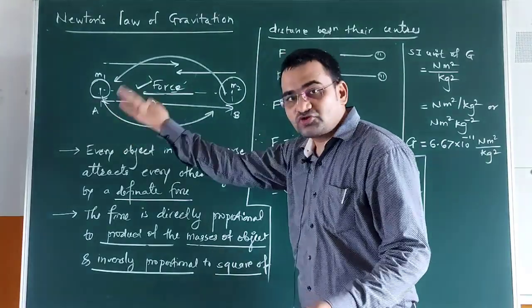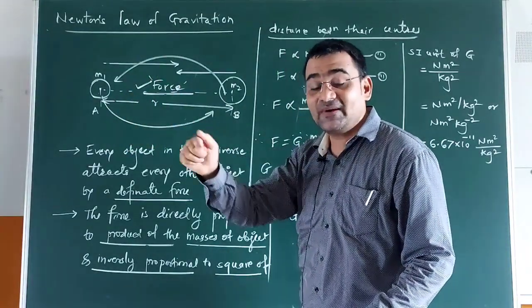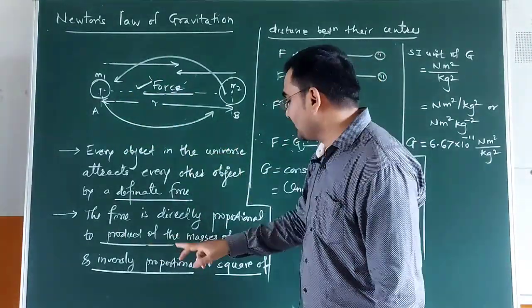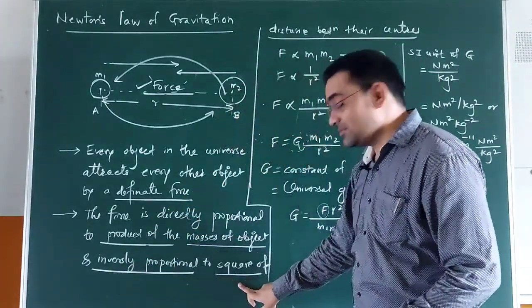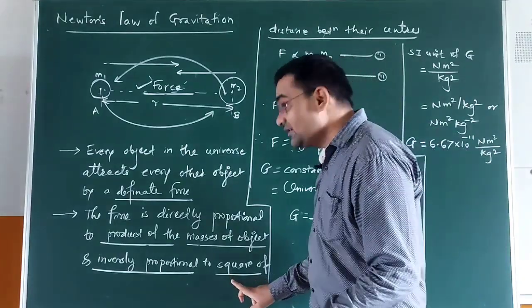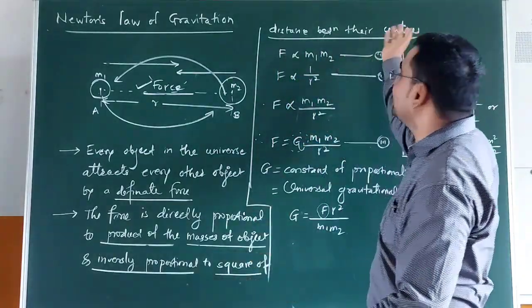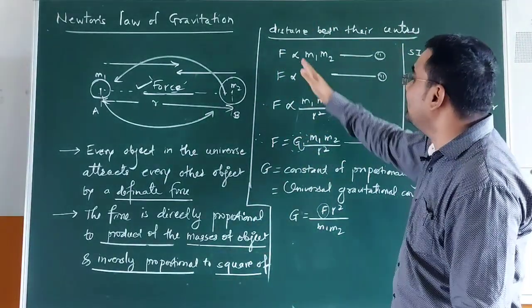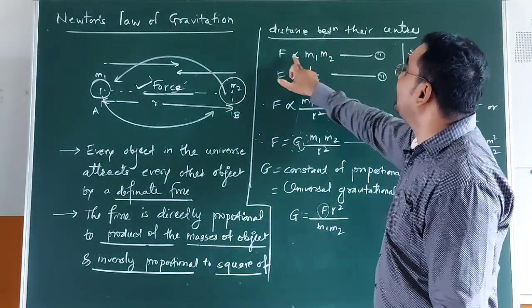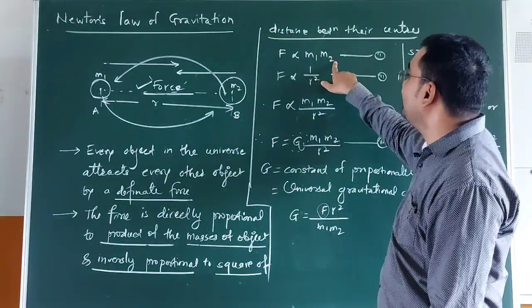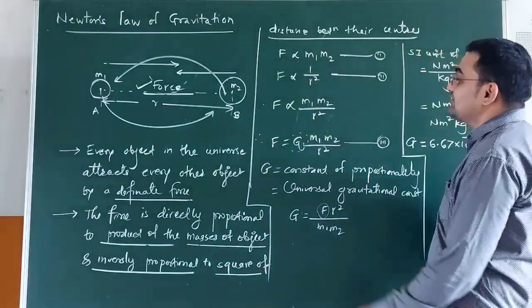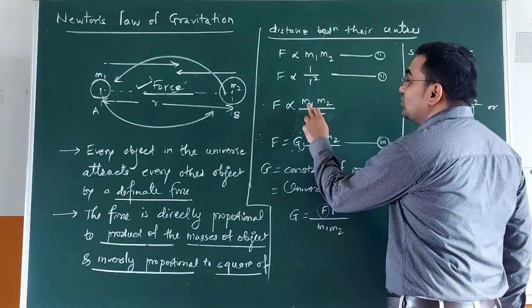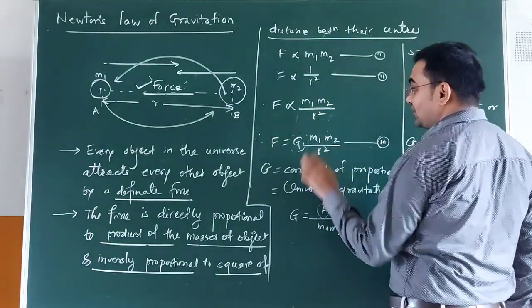If mass increases, force will increase by the multiple of the product. If distance increases, force will decrease; that's why it is inversely proportional. But how will it decrease? It decreases in a multiple of the square of the distance between their centers. Mathematically, if I write the same arguments here, F is directly proportional to m1 into m2, and F is inversely proportional to r square. Combining both equations, F is directly proportional to m1 into m2 upon r square.